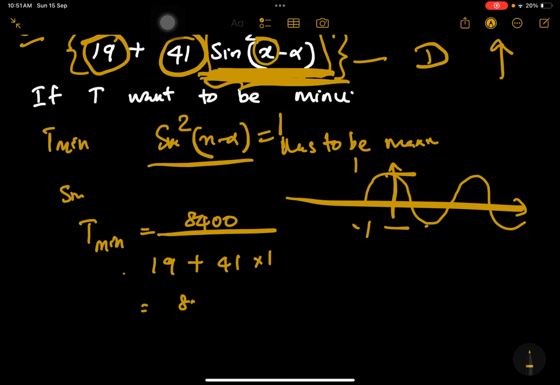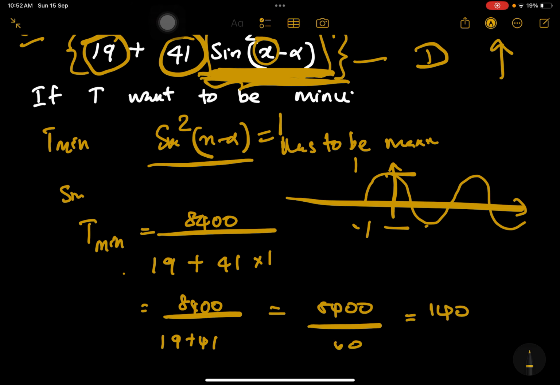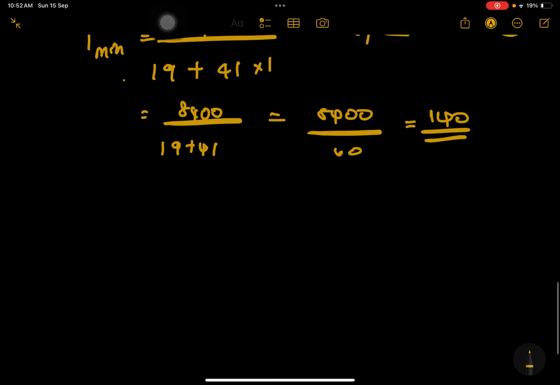So 8400 divided by 19 plus 41, which is 8400 divided by 60. I'll calculate and give you the answer directly. It's going to be 140. So the t minimum value is 140. So the first part of the question is done.